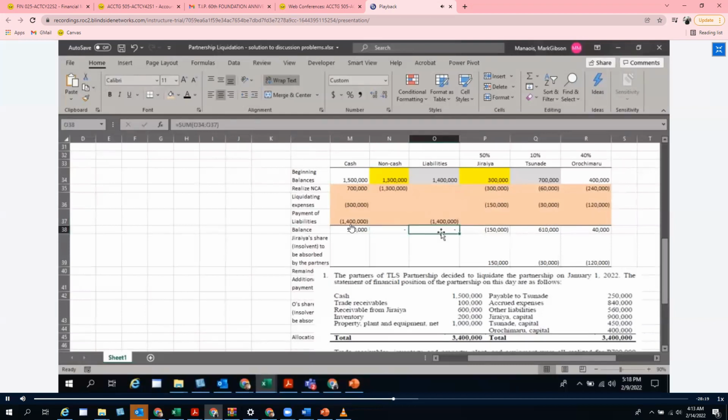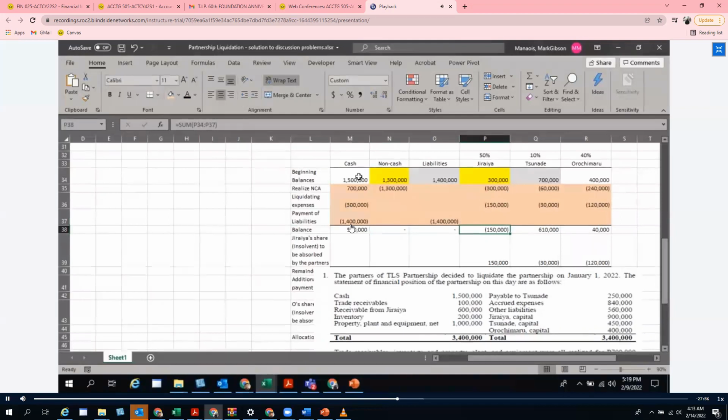Now, si Jairaya, meron siya ngayong debit balance of 150,000. O class, wag magpapalit nito ha. Kung napansin mo, ang ginawa lang natin sa mga beginning balances, we all place it as if positive lahat, para at least mas mabilis gumawa sa template natin na minus.